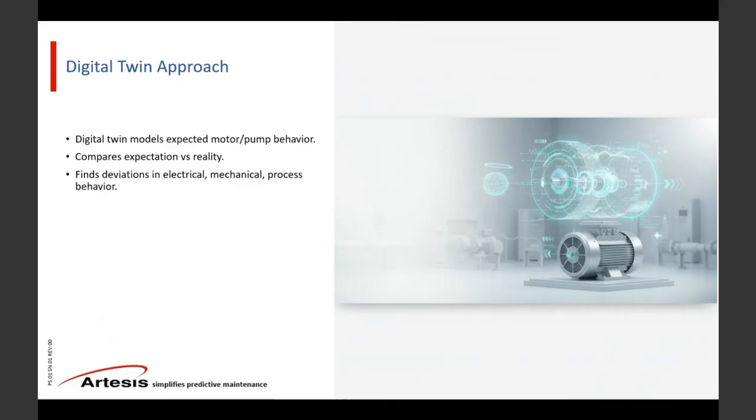And so now, of course, the digital twin approach, which is the second layer, is pretty simple because it's all about expectation versus reality. So you build a model of how a motor, a pump, or a fan, or whatever it is that you're monitoring, should behave under normal conditions, and then you continuously compare that expected behavior to what you are actually seeing in the real world.